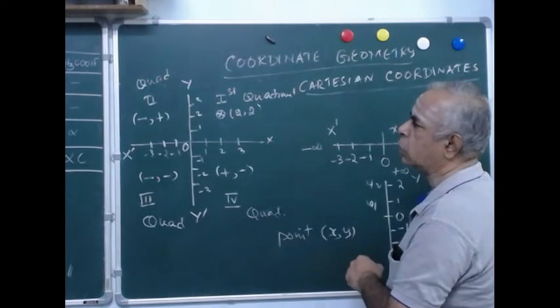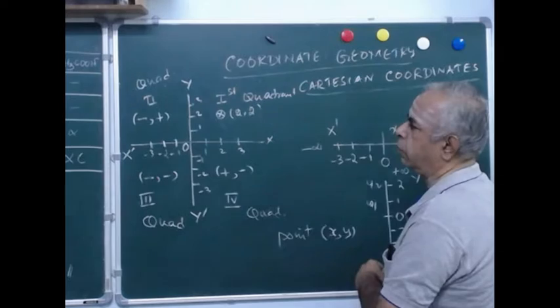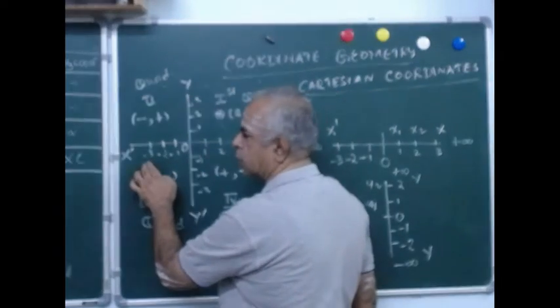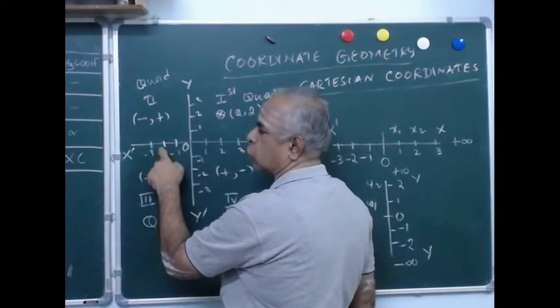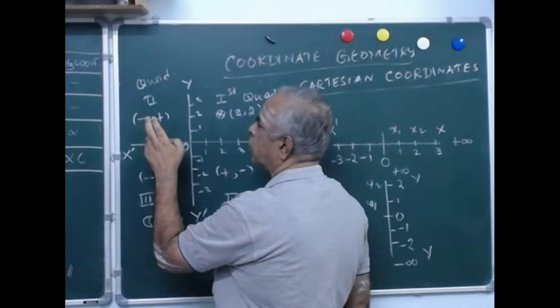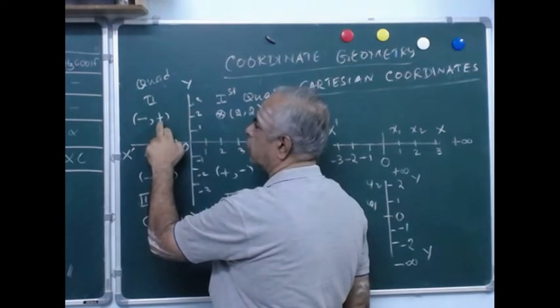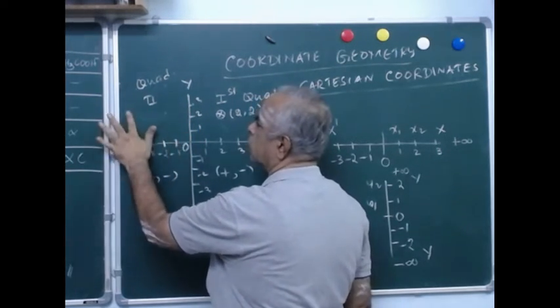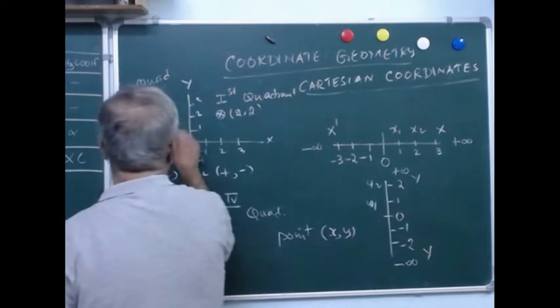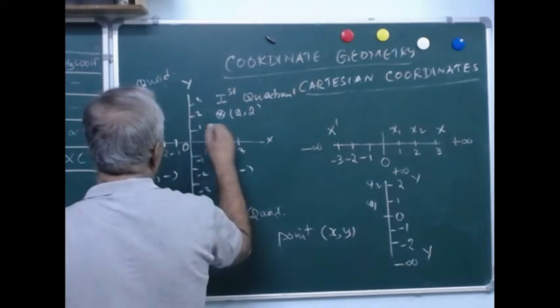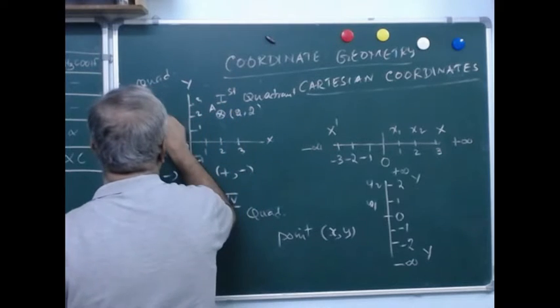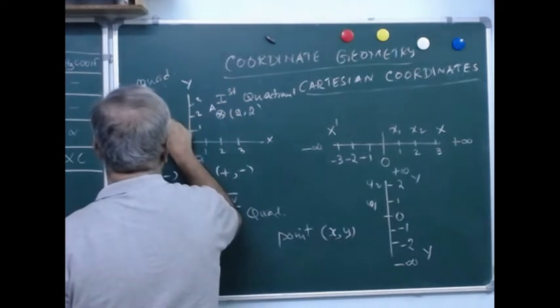When I say minus 2 plus 2, where is minus 2? On the x-axis, minus 2 on the left side. And plus 2 means y. So you have to put here. Okay, so you can put this point. Let us call it A, and this is B, right?